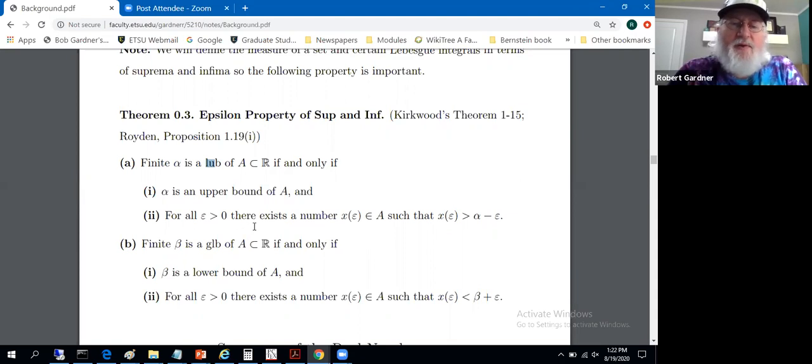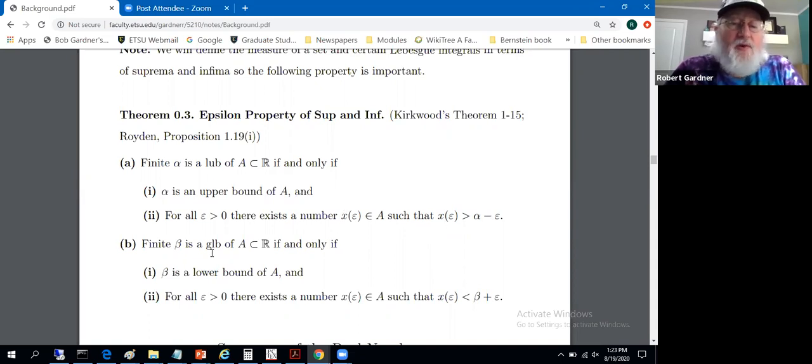For all epsilon greater than 0, there exists a number x sub epsilon in set A, such that x sub epsilon is greater than alpha minus epsilon. Yeah, alpha is a least upper bound. So if you go any less than alpha, which alpha minus epsilon is, then you're going to pick up elements of the set. So here's a way to classify a least upper bound using epsilons.